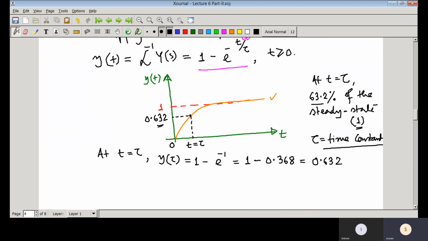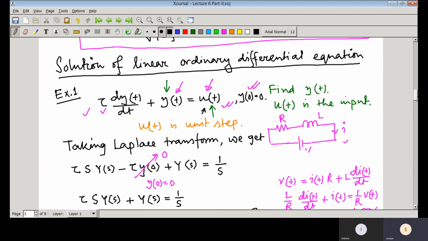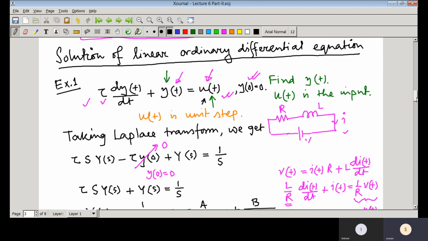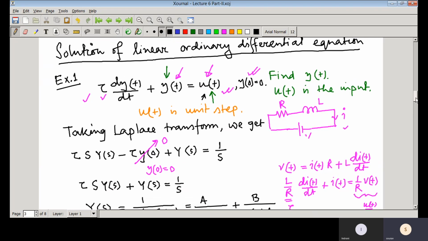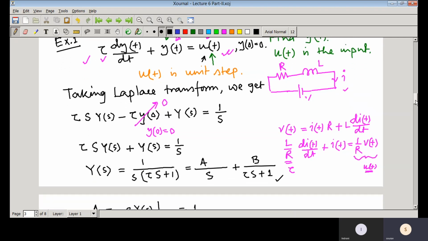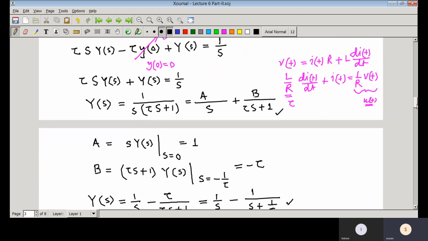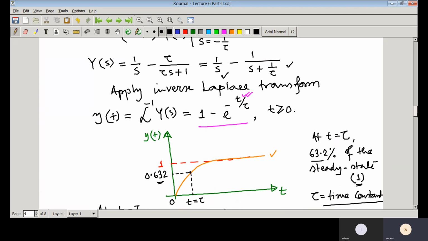So actually from this particular example, what you have learned, whenever you have a first order differential equation, it has many physical interpretations, and we have discussed that series RL circuit, and first we apply that Laplace transform, and then we get that inverse Laplace transform, and we find this expression.